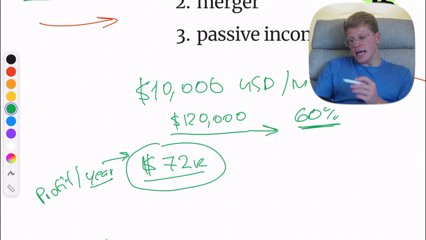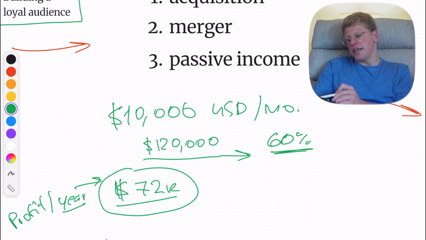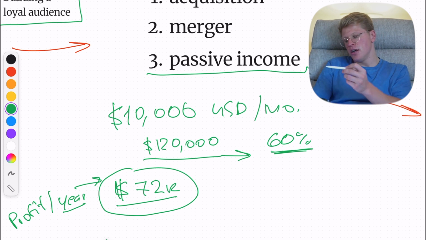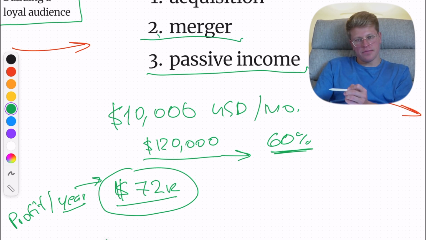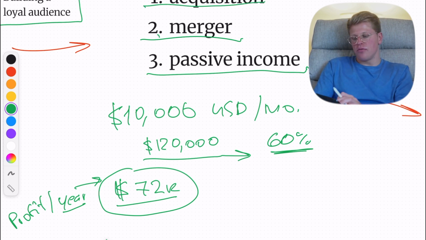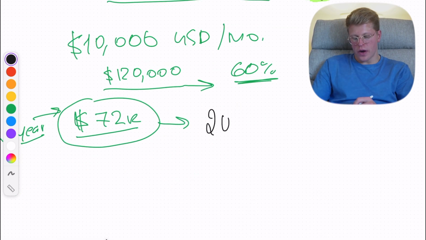So then the idea is that you can either keep the business as passive income, right? Just maintain it. You can merge with a bigger company who are going to just kind of consume you, or you can sell out, right? Exit strategy for a 20 to 30x multiple.